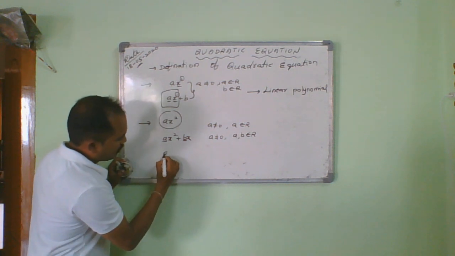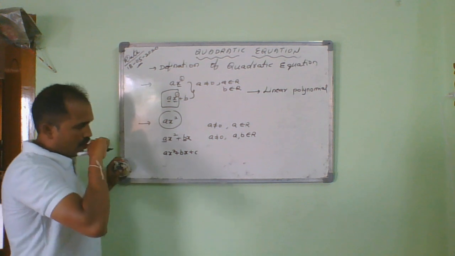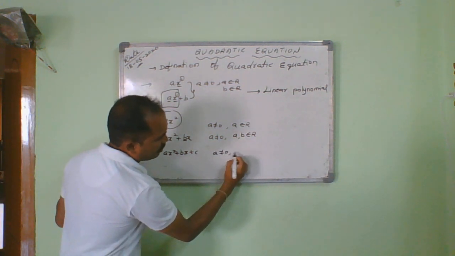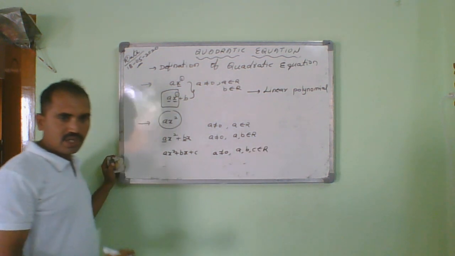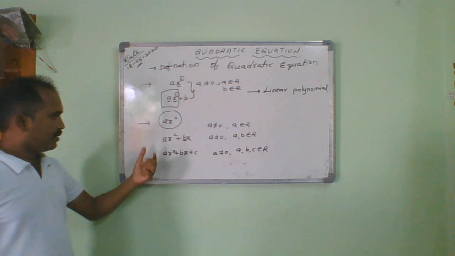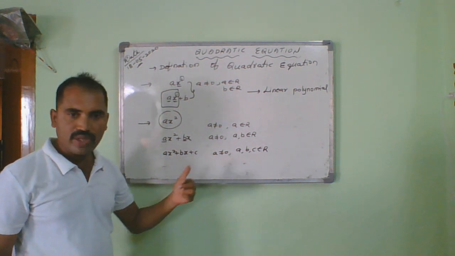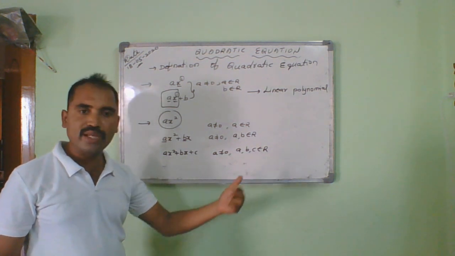Next one is ax square plus bx plus c, where a not equal to 0, and a, b, c belong to real numbers. Look here.